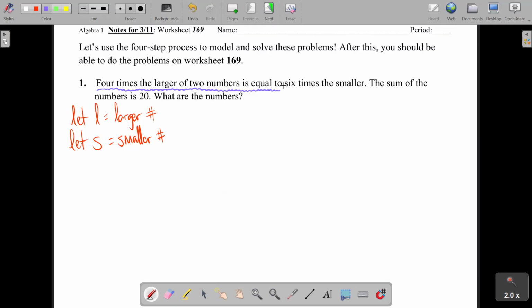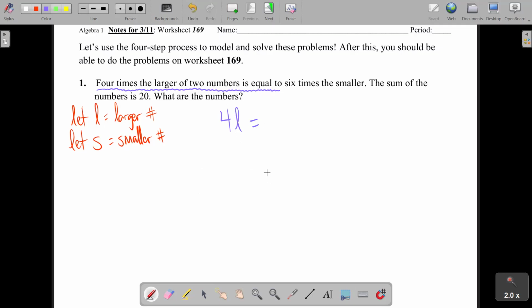That's a big chunk, but I feel like we can knock all that out. What's that going to say? 4 times the larger number is equal to.